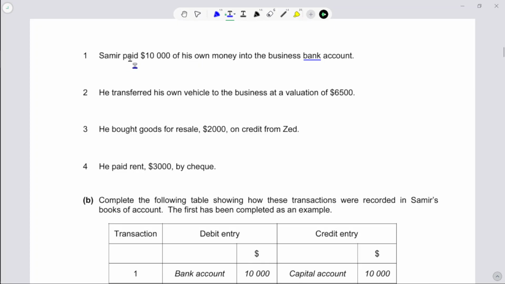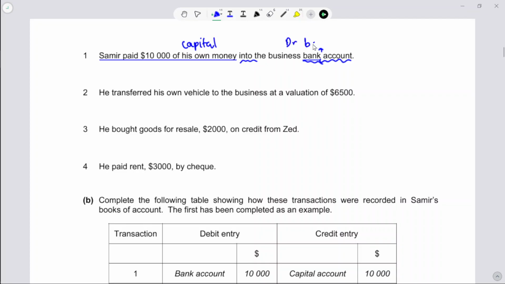And then Samuel pays his own money. This means capital. So a bank. If you pay money into the bank account, your bank increases, right?